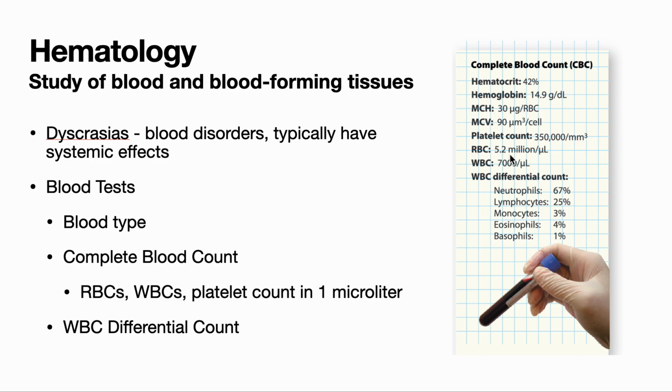We've got our RBCs also looking good. Our total white blood cell count is at 7,000 per microliter. But if we want to know more, we would need a white blood cell differential count. And in this case, it reveals that about 67% of those white blood cells are neutrophils, 25% lymphocytes, 3% monocytes, 4% eosinophils, and 1% basophils. And those all make sense for what we would typically expect.